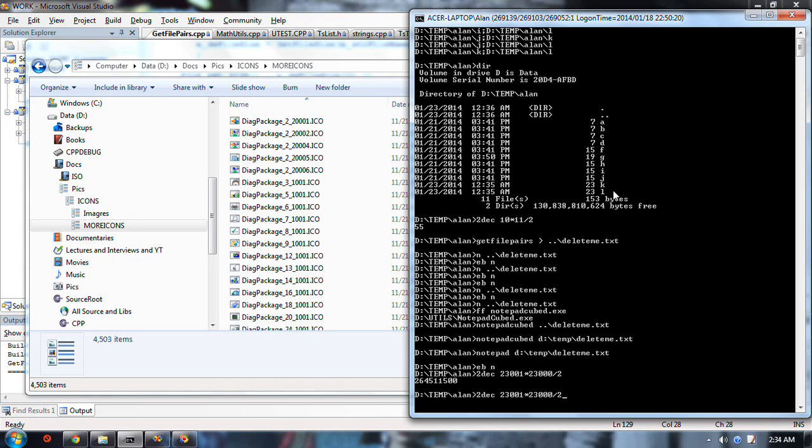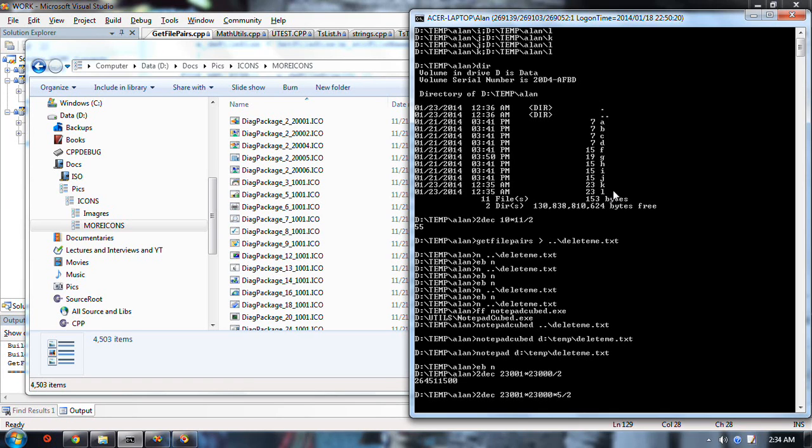If we took this number and multiplied by 5 milliseconds, so times 5 divided by 1,000, that's this many milliseconds.